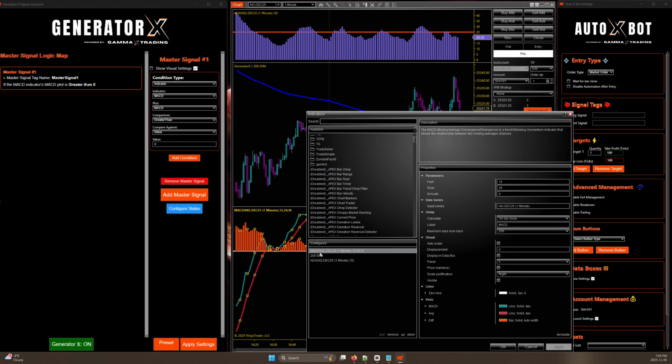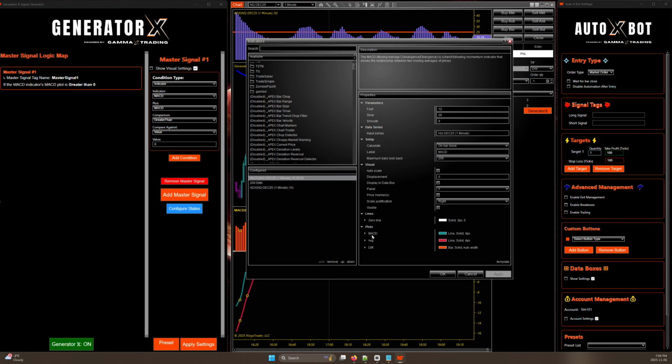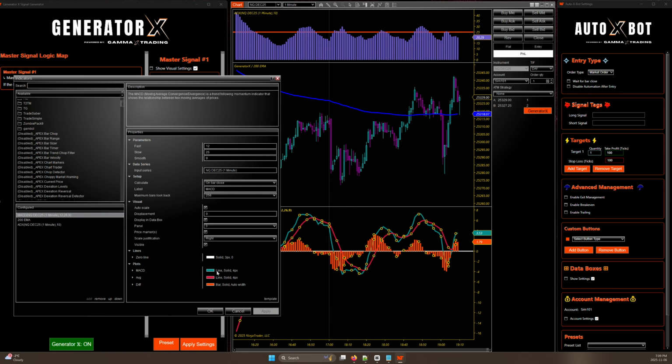So I go in here, I'm gonna go to MACD, and down at the bottom in the settings here, you can see there's what they call the MACD line, the average line, and the difference. So you can see that the green or blue line is the MACD, the red one's the average, and the orange is what they call the difference. It's just a little thing in the middle there.